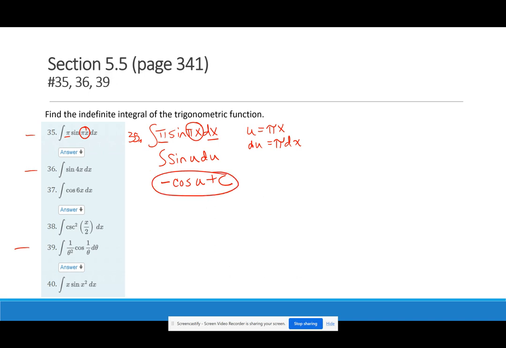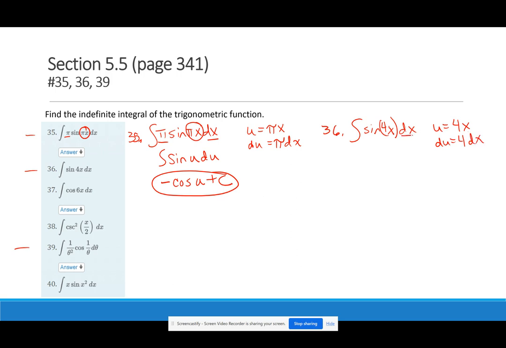Okay. All right, with 36, problem here is we have an inside function. I don't think I'll work this one out all the way. See, when you're reading these, that really means sine of 4x dx. So you can let u equal 4x, and then when you do the derivative, you'll get 4 dx.